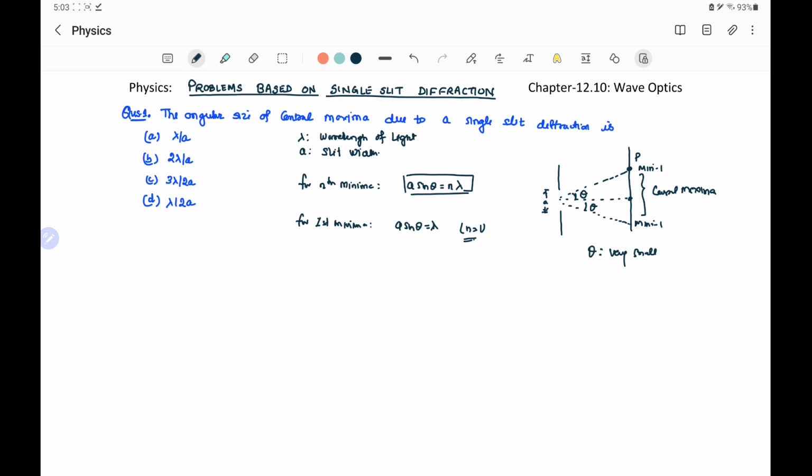So using this, for the first minima a sine theta is approximately equal to a into theta equal to lambda, because for a very small angle theta, sine theta is approximately equal to theta. This implies that theta is equal to lambda by a. So the central maxima has an angular size of 2 theta as shown in the diagram, and it will be equal to 2 into lambda by a. Hence option B is the correct option.